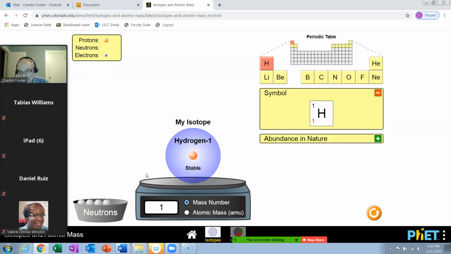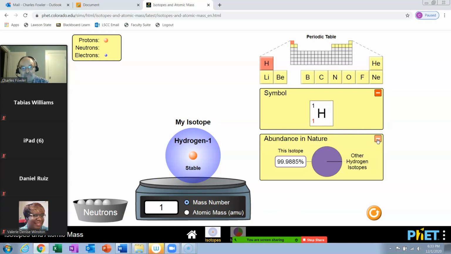Then it says click on the white plus in the green square in the abundance in nature. So click on that, and hydrogen 1, this isotope here, is 99.9885% abundance in nature.